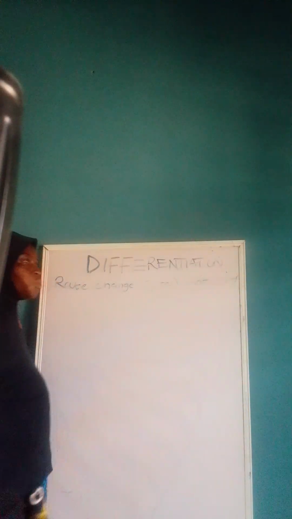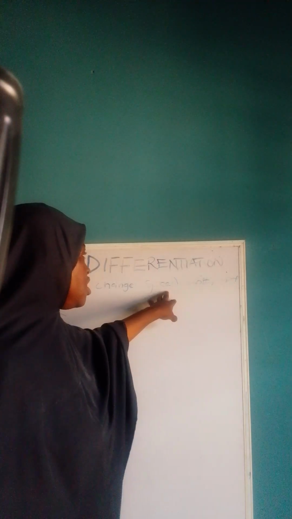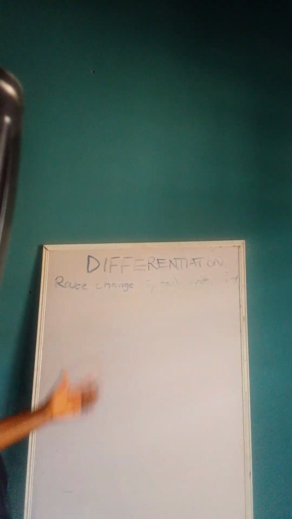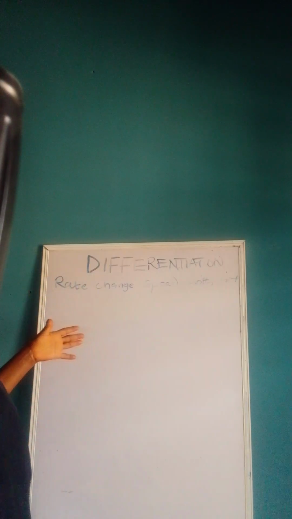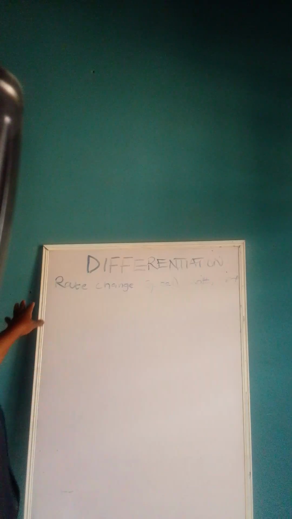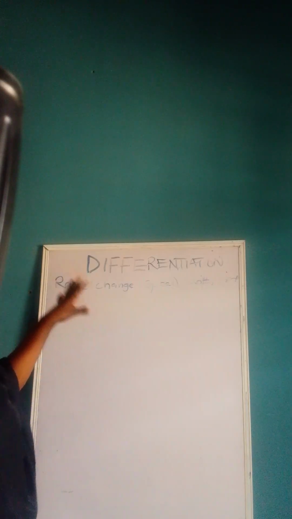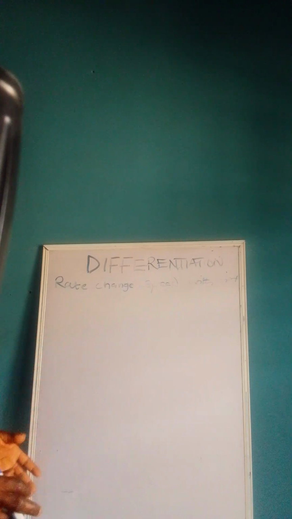So the rate at which the speed of a moving object, let's say a car or an aeroplane or any moving object, changes with time. So that brings about differentiation.